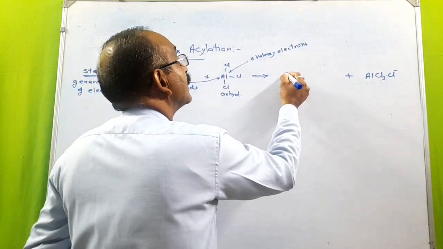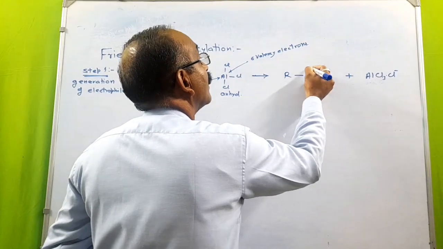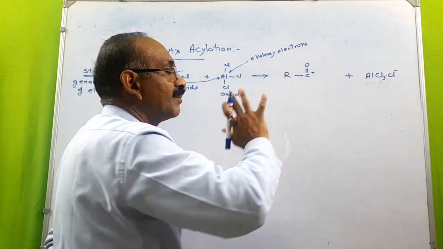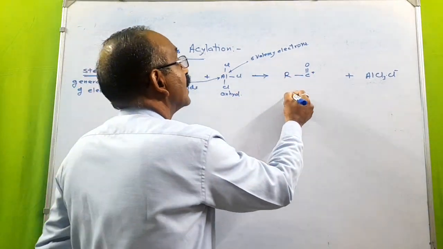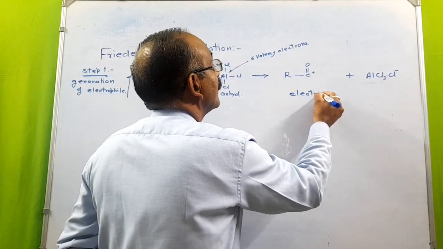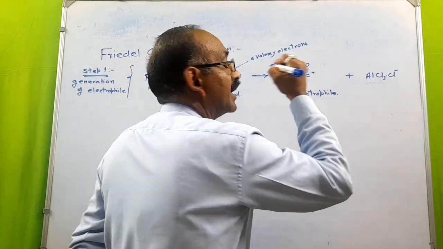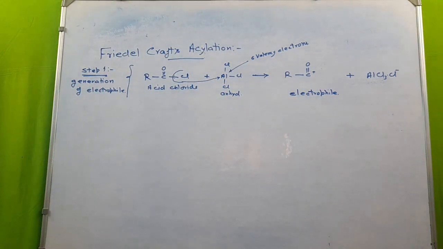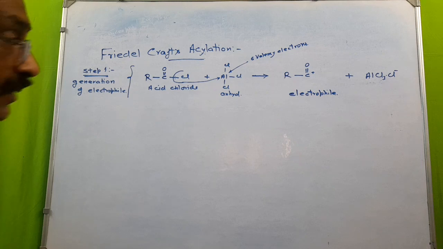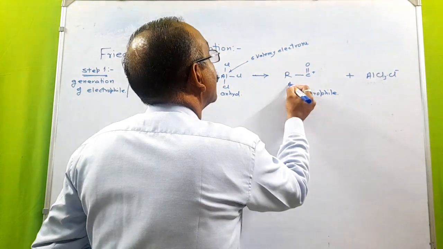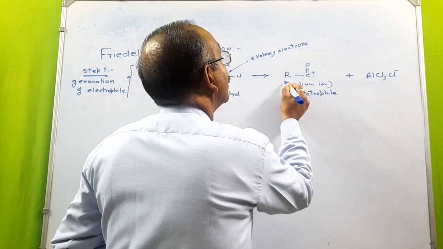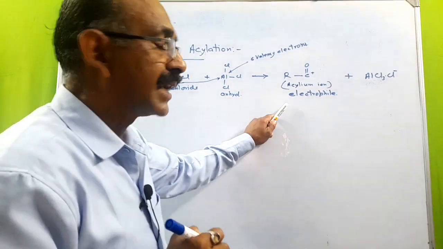And now the carbon has lost its electron, so the carbon will become positively charged, and in this way the electrophile is formed. This acetylium ion is obtained, which acts as an electrophile.